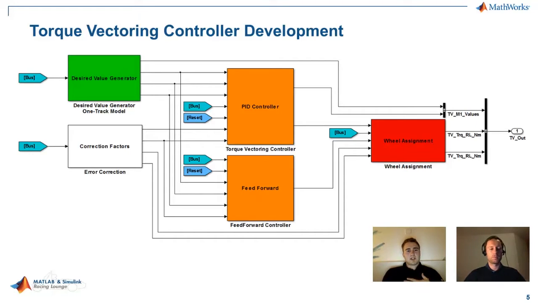Yeah. So this desired value generator and the current vehicle movement are inputs for a PID controller and a feed forward, which are shown in the orange boxes. These two boxes calculate an additional yaw moment, which is put on the wheels. This is done in the red box, which is called wheel assignment. Okay.